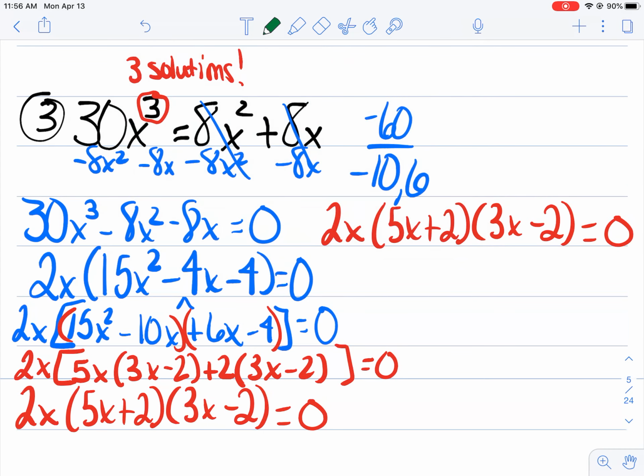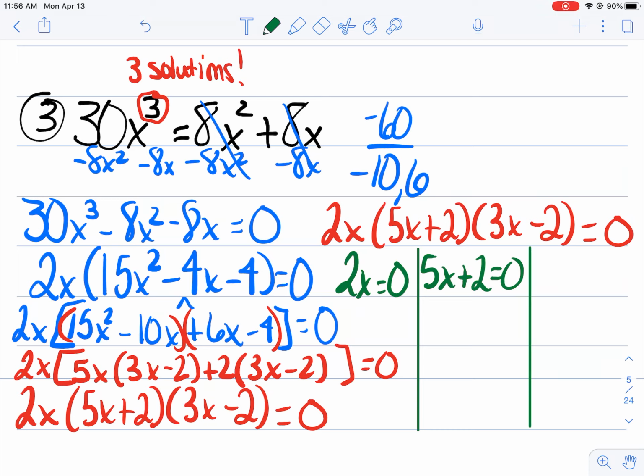I'm going to say each factor equal to 0, and then I'll draw my line. So 2x equals 0. Okay, so there's the first one. Okay, then I have 5x plus 2 equals 0.